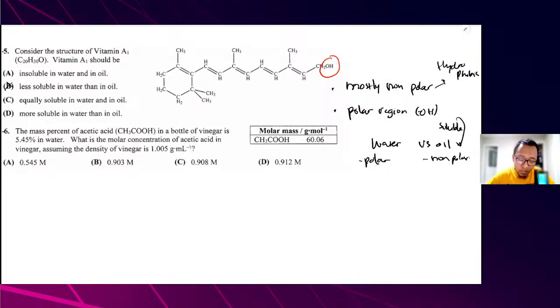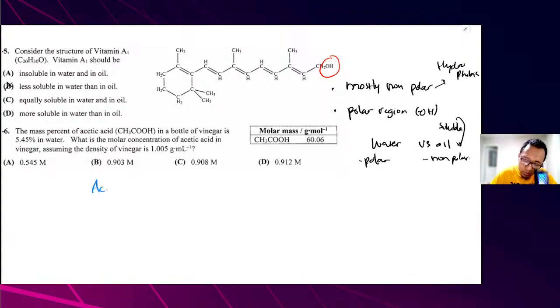Number 6: the mass percent of acetic acid in vinegar is given. What is the molar concentration of acetic acid in vinegar, assuming the density of vinegar is 1.005 g/mL? We already had this type of question before.